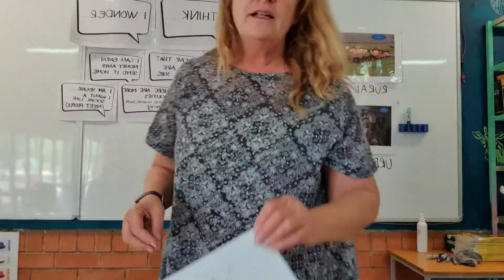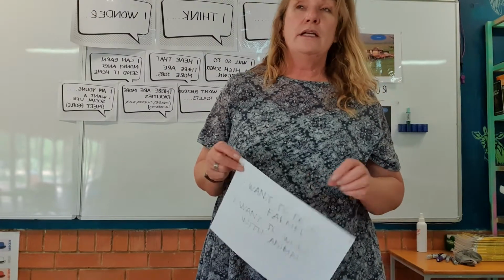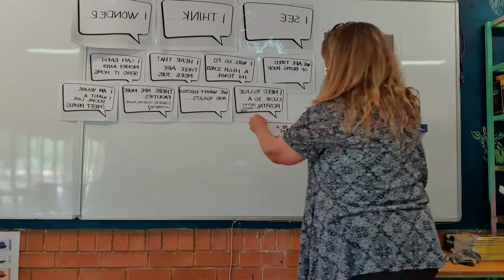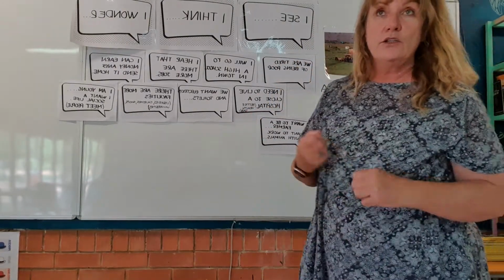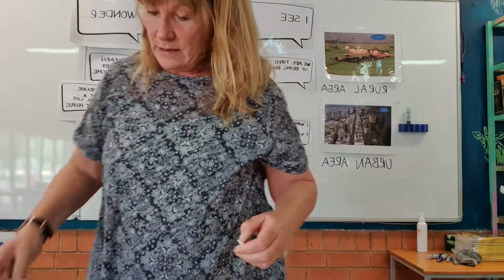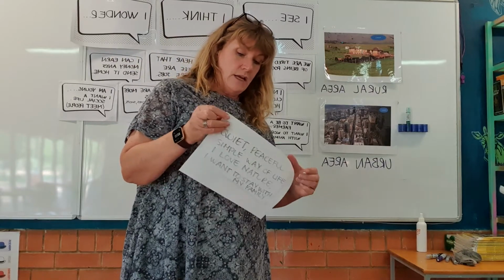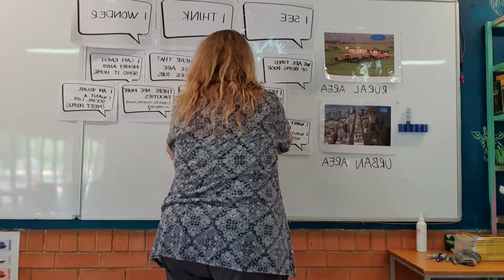Okay, let's look at the positives of being in the rural areas. Yes. I want to be a farmer. You cannot be a farmer in the city. You have got to go to the rural areas. Another thing, which would be my choice, is I would like to stay in a peaceful, quiet, simple place.